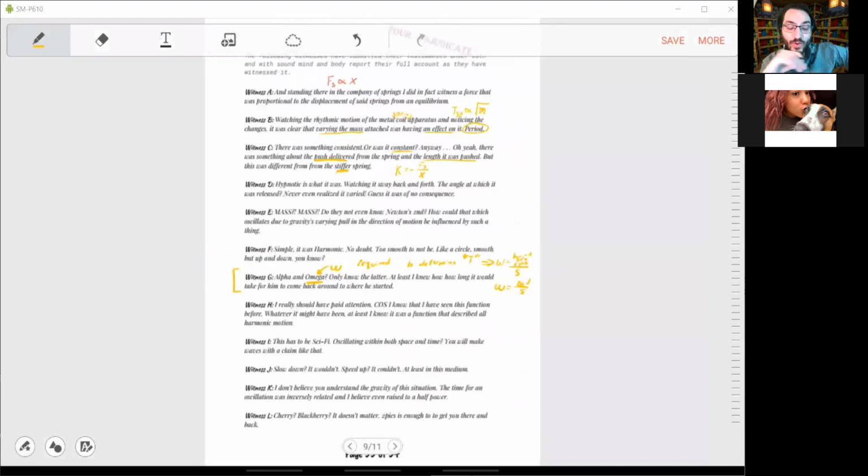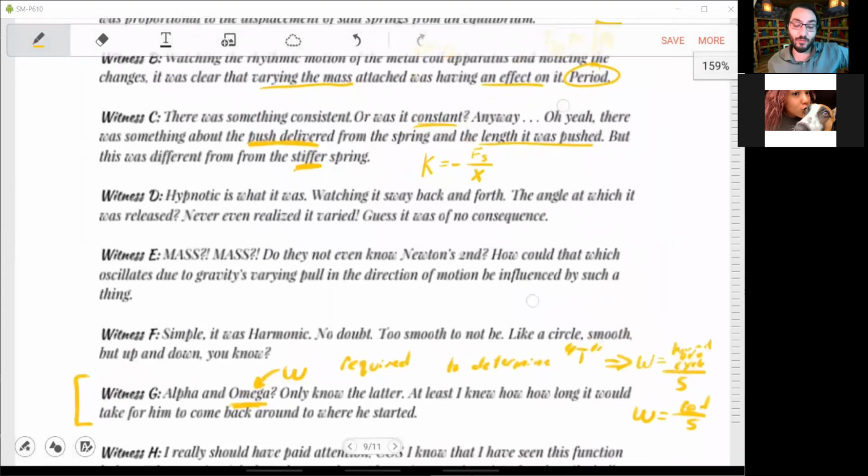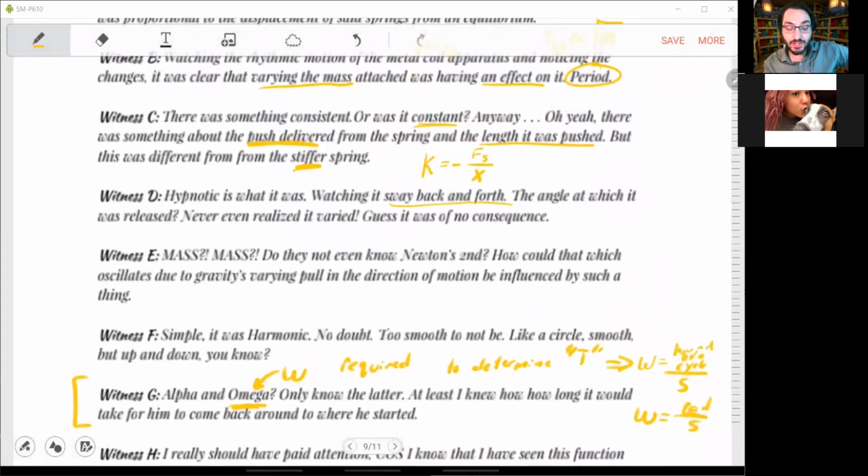All right. Witness D. Hypnotic is what it was, watching it sway back and forth. The angle at which it was released, never even realized it varied. Guess it was of no consequence. So in this case, we're talking about a pendulum and how the angle at which it was released, also known as the amplitude, and I'll put in parentheses, angular amplitude, has no effect on the pendulum.